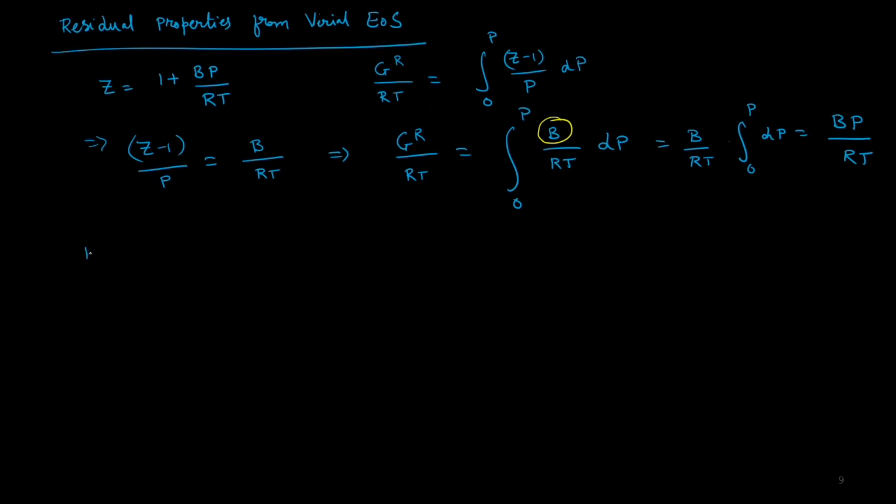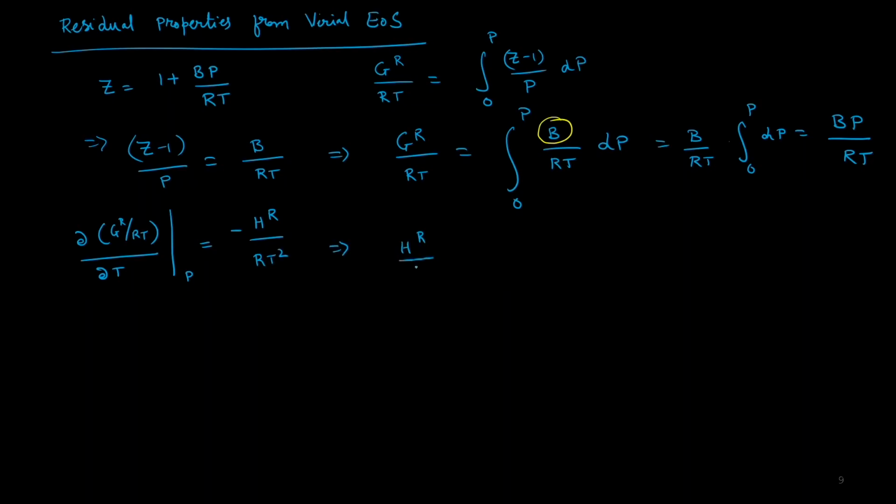Now for HR over RT, we will use GR over RT as generating function. Recall that the derivative of GR over RT with respect to temperature at constant pressure is negative HR over RT squared.